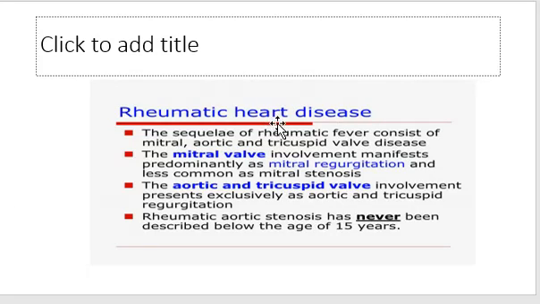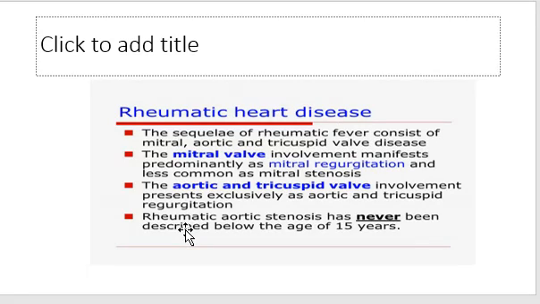So rheumatic heart disease is basically a sequelae of rheumatic fever, and consists of mitral, aortic, and tricuspid valve disease. It affects the connective tissues of the mitral valve, and you end up with mitral valve regurgitation. Aortic and tricuspid valve involvement will result in aortic and tricuspid regurgitation.